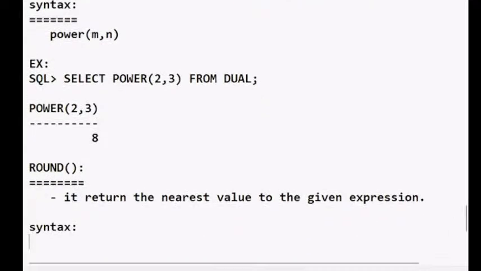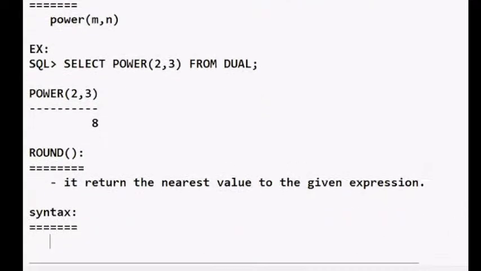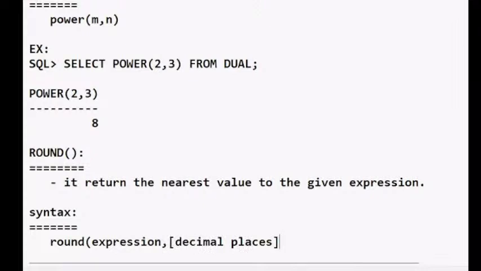Now the syntax here. So round function of, here I need to take my expression, and here what is called decimal places. Decimal places are called optional.